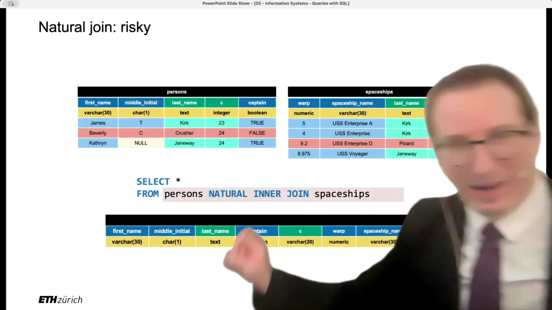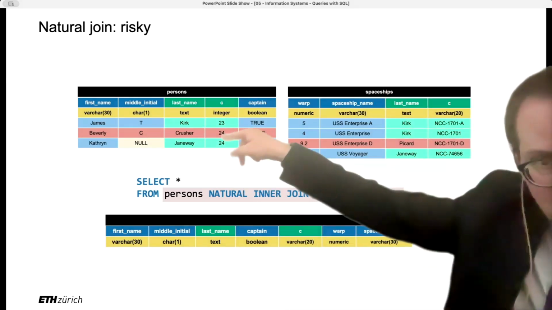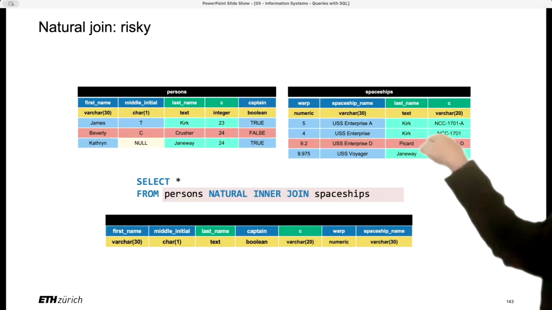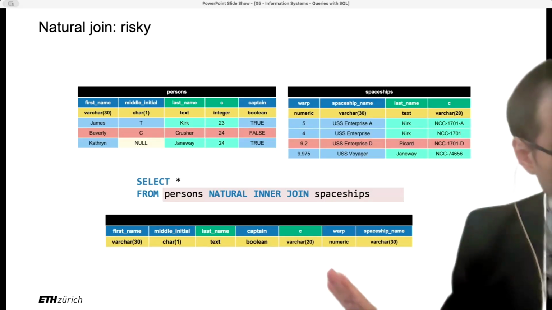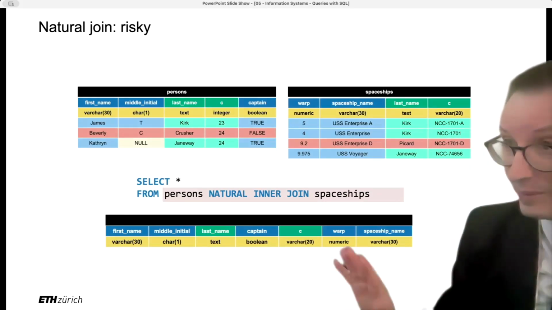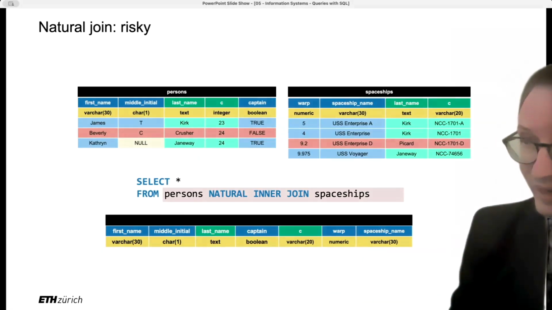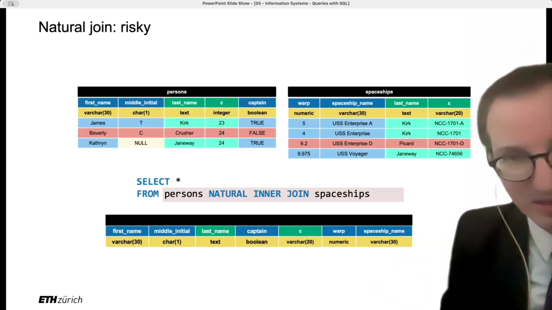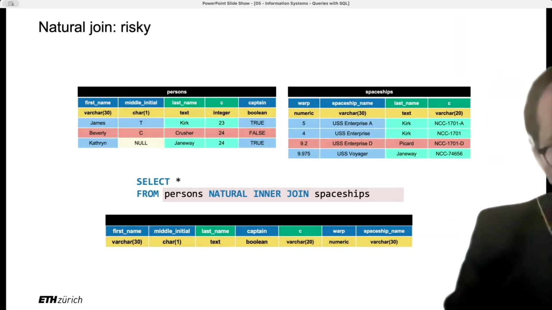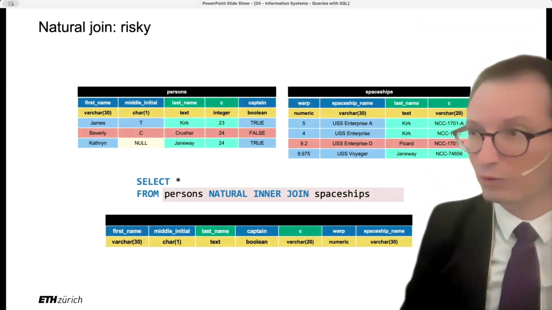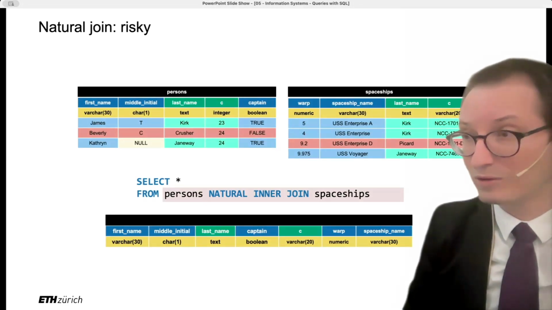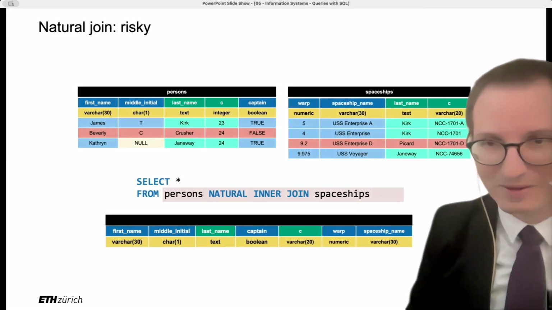Yeah. In that case, that was unintentional because you didn't intend to actually match them, but there are cases where it's not accidental, where it actually makes sense to have multiple columns that match in a natural inner join, right? So that sometimes makes sense. And then you just match all of these columns. They all must have the same values to have an output record.